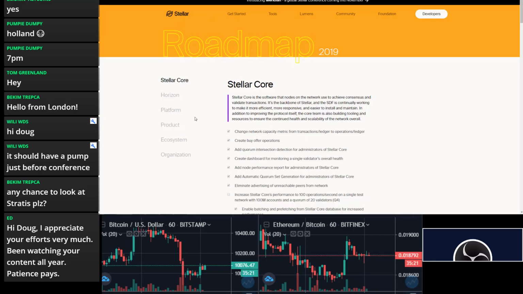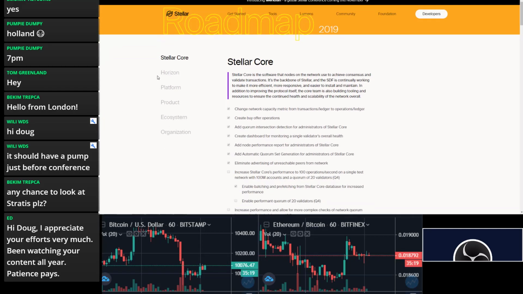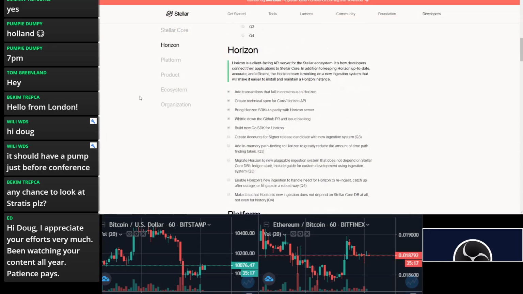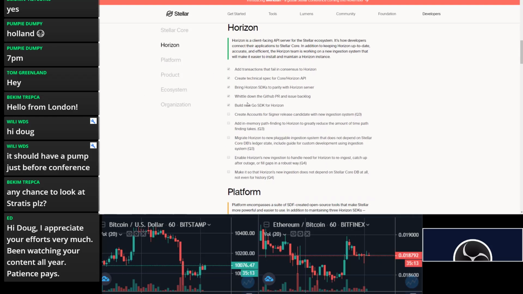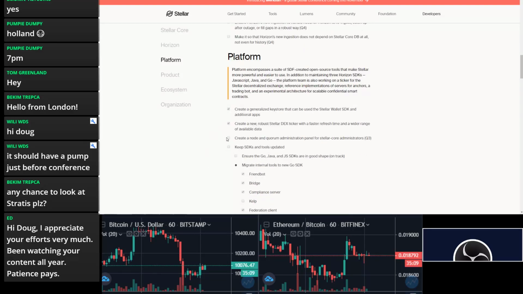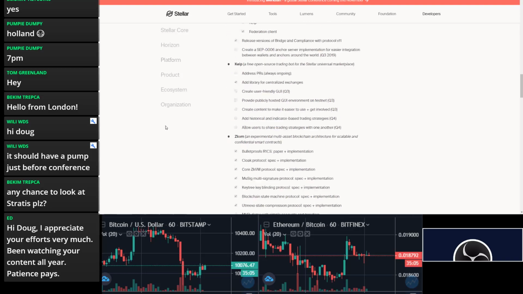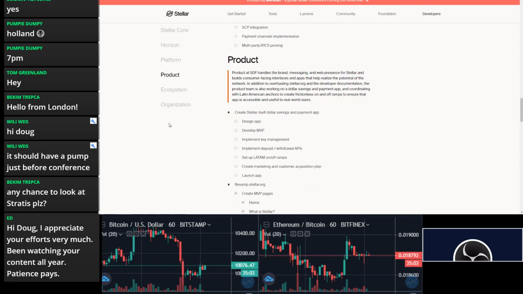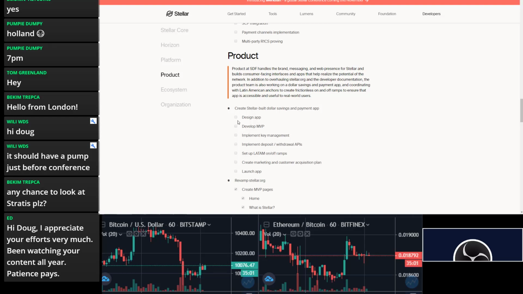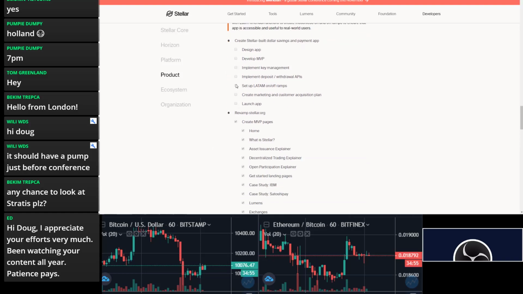Roadmap. Create a node, quorum, SDK is updated. Looks like they've got a lot of product development to do. A lot of things not checked off.